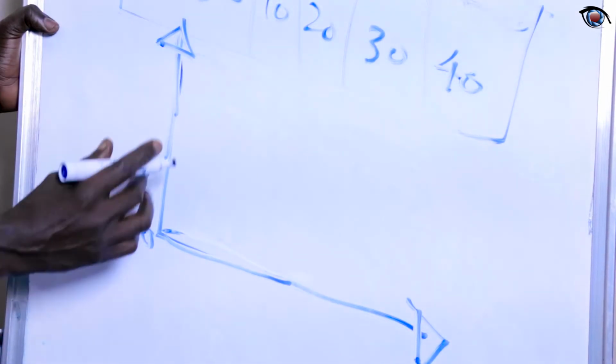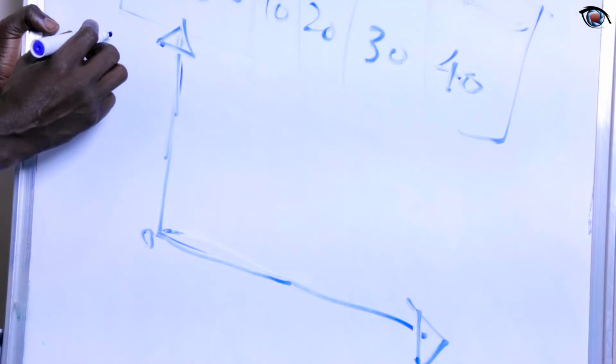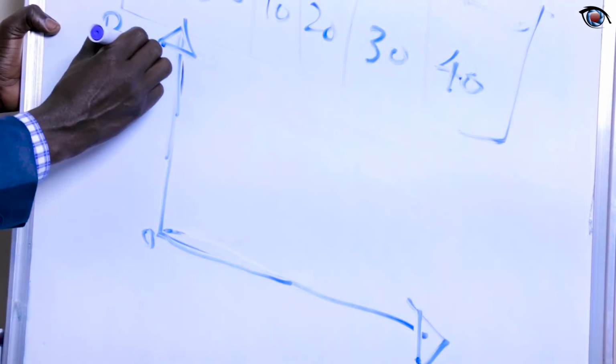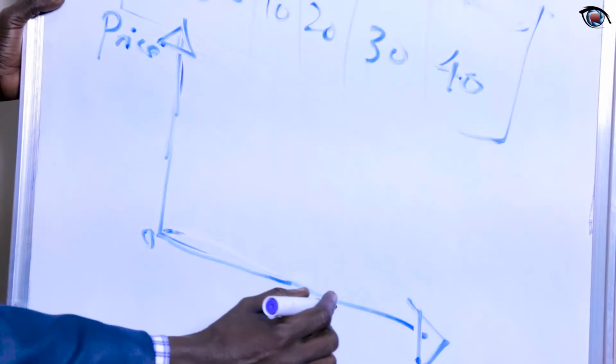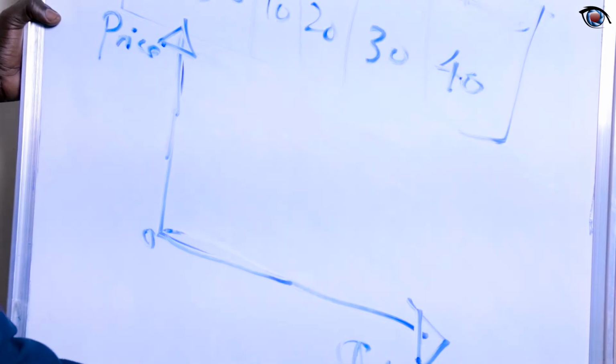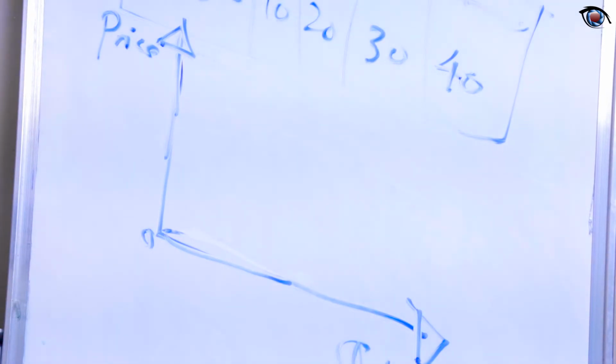Remember to label your axis. The vertical axis represents the price for the commodity or service, and the horizontal axis represents the quantity supplied.